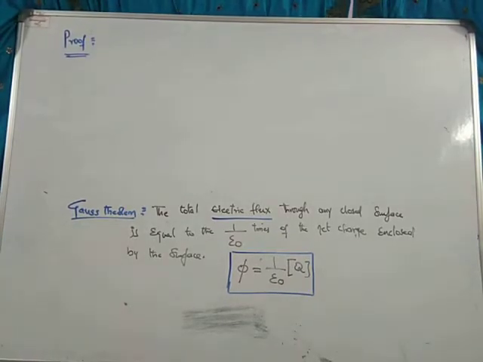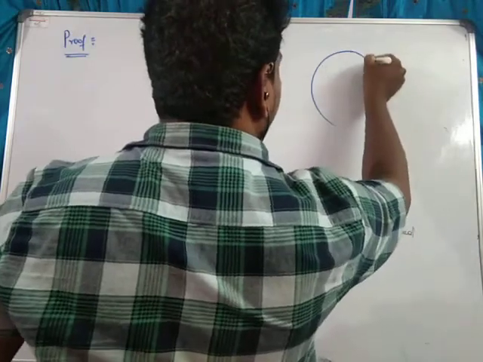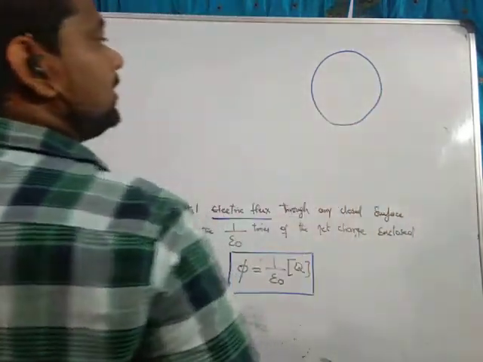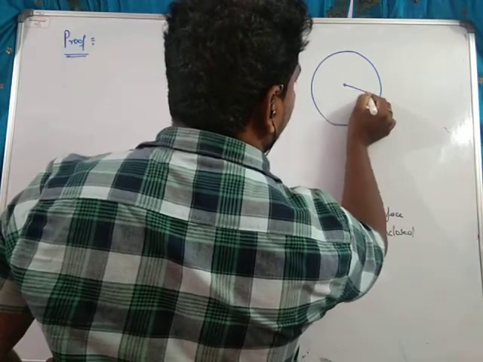Okay, so here we have a statement. Based on this statement we have to prove that flux is equal to 1 by epsilon naught of charge. So here we have a derivation, that's the proof. Initially we consider one circular object with the central point to the surface.